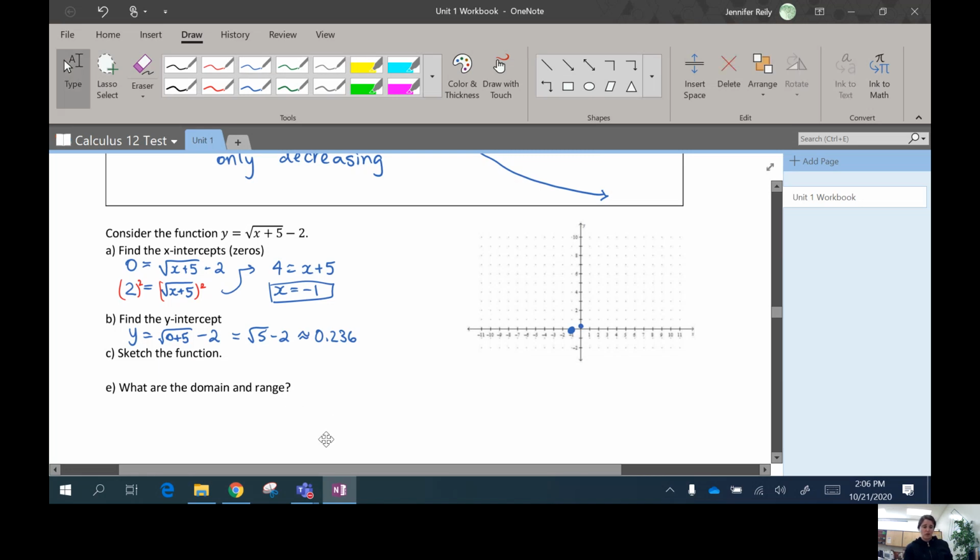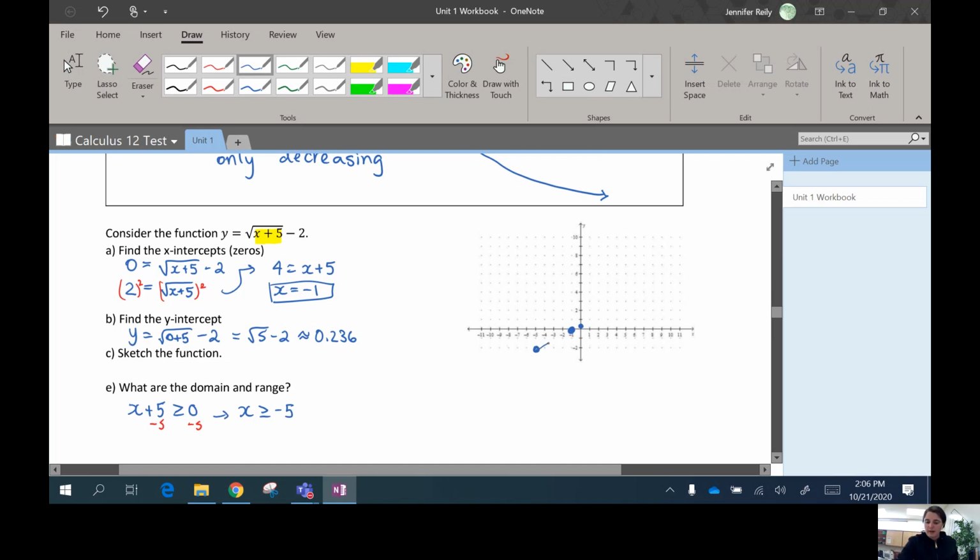Before we get to the function, I'm just going to show you the domain. Remember the radicand, the part under the square root, has to be non-negative. So if you move the 5 to the other side, we have our domain: x is greater than or equal to -5. At -5, the y value is -2. So that's where our function begins, and then it just increases from there.